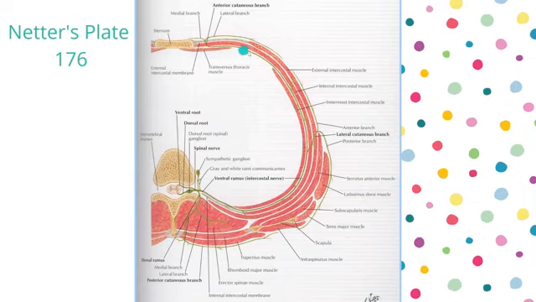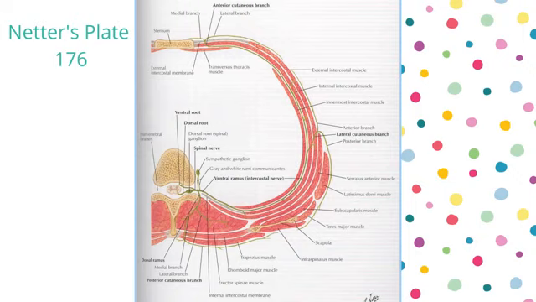So you see it here in this picture, the green that's traveling between the innermost intercostal muscle and the internal intercostal muscle. And this is going to contain the posterior intercostal artery and the posterior intercostal vein and the intercostal nerve. And they'll be arranged from superior to inferior in the vein, the artery, and nerve.